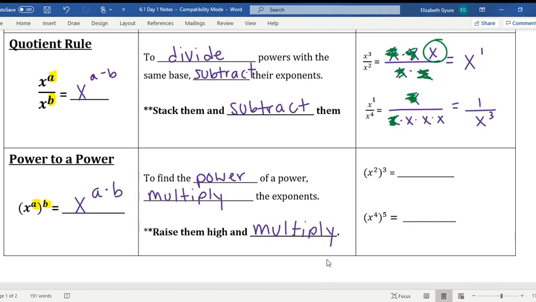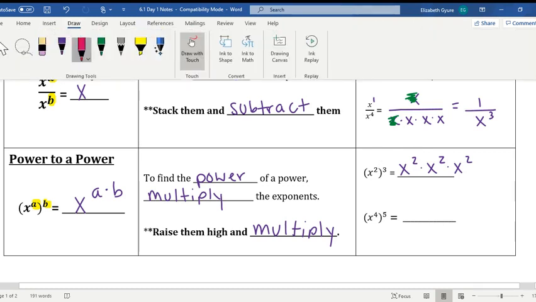Well, let me show you why it works though. If I have a third exponent, doesn't that mean I have something 3 times? Okay, so that means I should technically have an x squared, and an x squared 3 times, right? Okay, well from there, if I have x squared, how many x's do I have? 2.